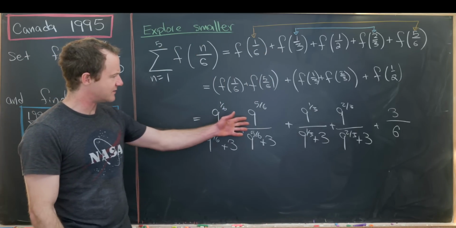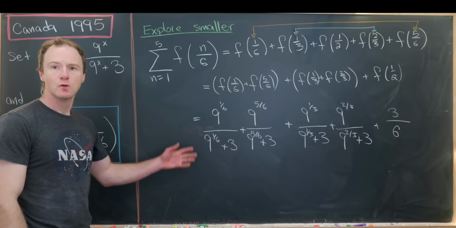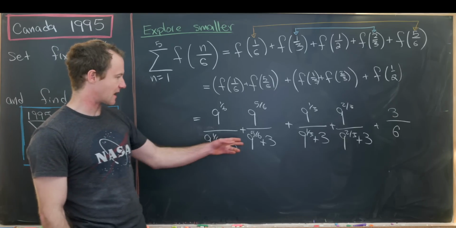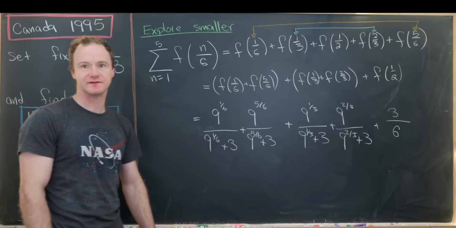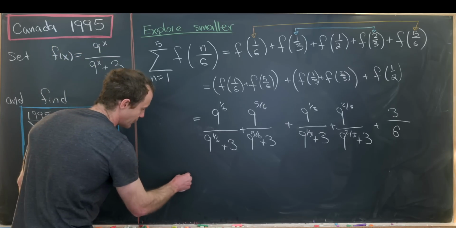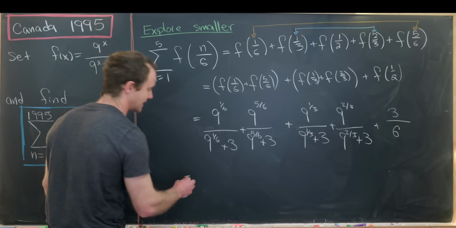Now let's see if we can maybe simplify these at all. Well, I think even though it seems kind of painful, our best bet is to find a common denominator, which will be just the product of these two things. So let's see what we get if we combine these via a common denominator.